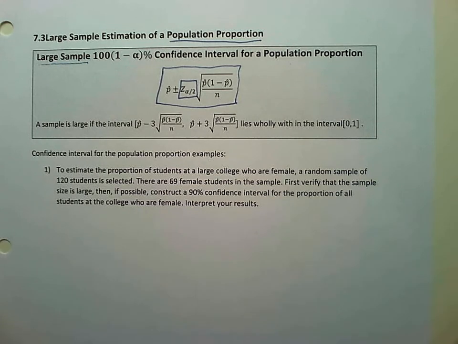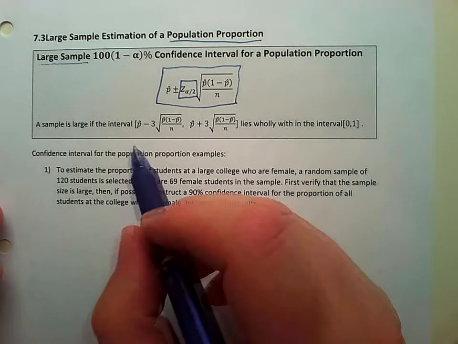The way that we figure out whether or not we have a large sample when we're dealing with proportions is a concept that we talked about previously at the end of chapter 6. So let's try to jog our memory about that again.